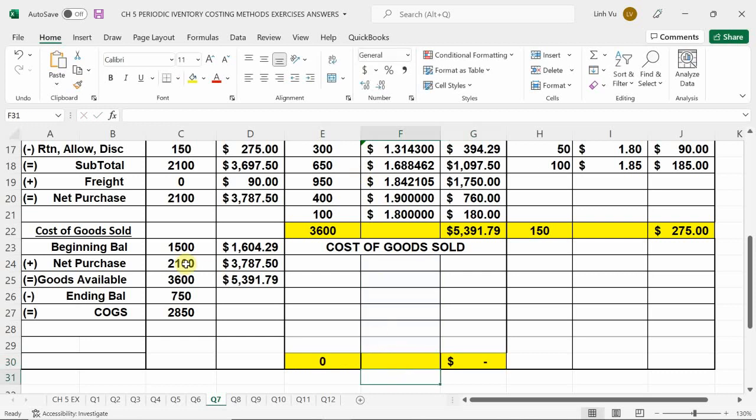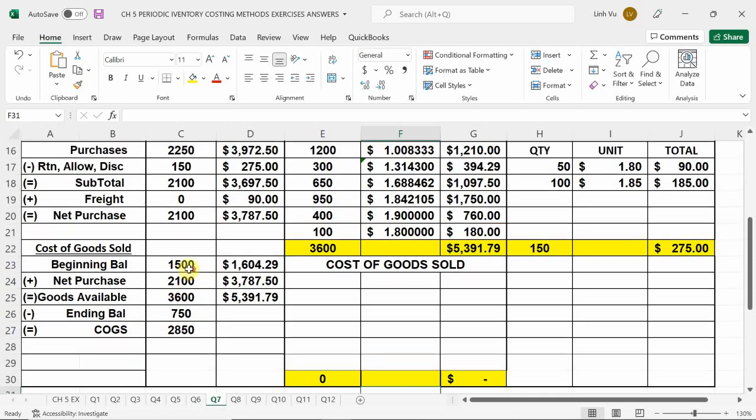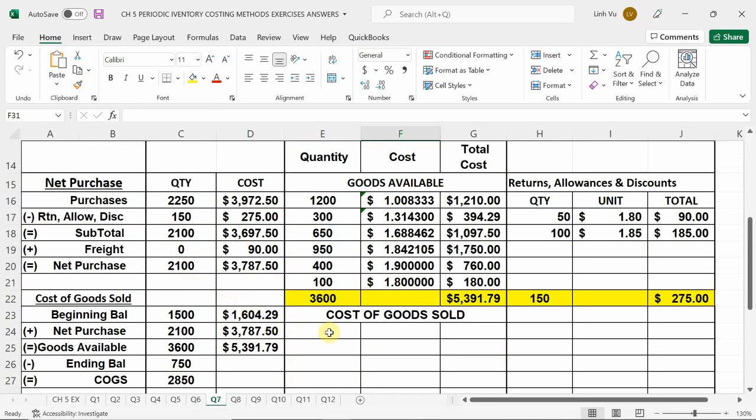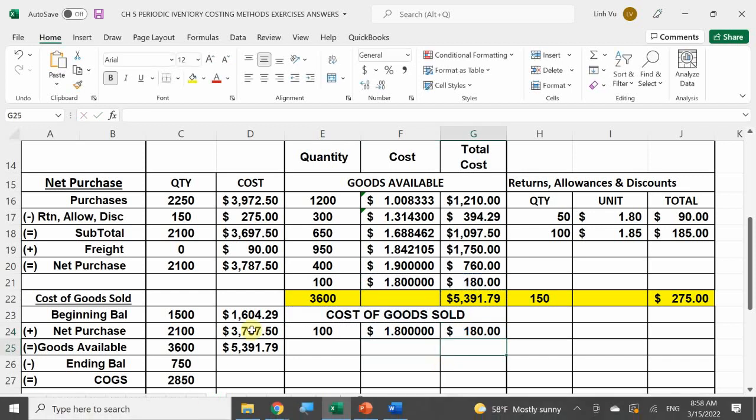Okay. So if we're using the rules of LIFO here, we need to sell a total of 2,850 units. So in this case, which batch of inventory am I going to dip in first? The 100. So there you go.